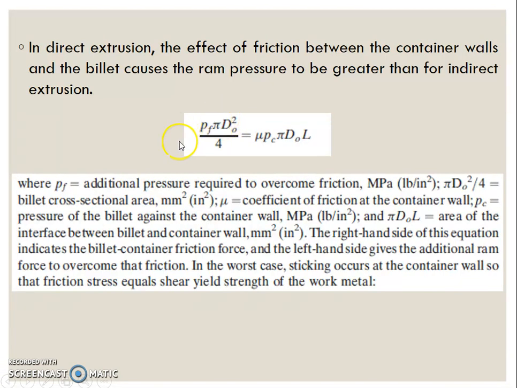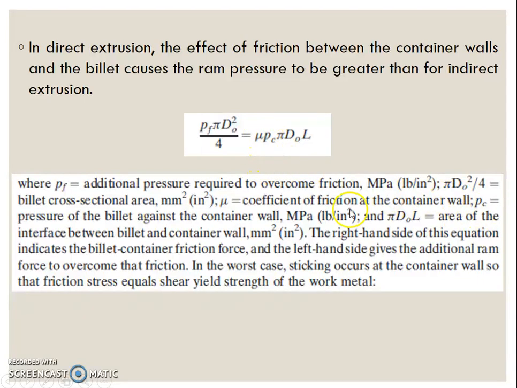In order to calculate the pressure, this equation is created: P equal to pi d naught squared over 4 times PF. Pi d naught squared over 4 is the cross-sectional area of the billet. PF is the additional pressure required to overcome friction, and is equal to this term times, if you remember, the coefficient of friction at the container wall.